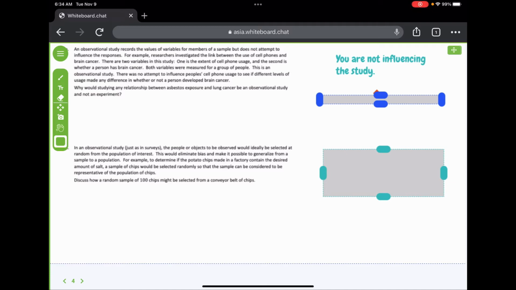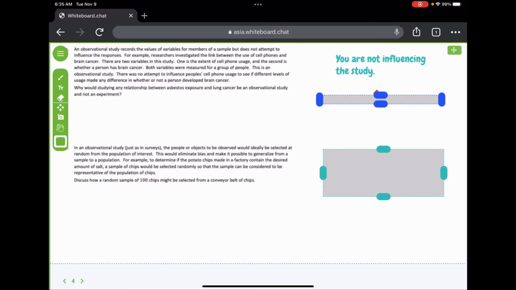For example, to determine if the potato chips made in a factory contain the desired amount of salt, a sample of chips would be selected randomly so that the sample can be considered to be representative of the population of chips. Discuss how a random sample of 100 chips might be selected from a conveyor belt of chips.